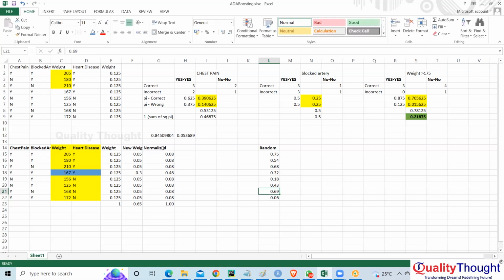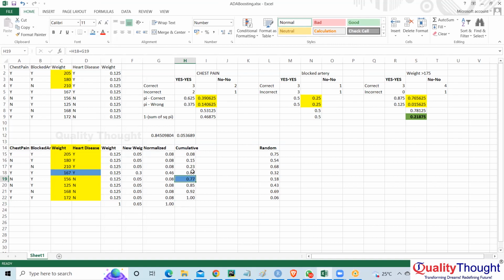This is your normalized weight. Now we'll calculate the cumulative. The first one will be this, and the second one is going to be this plus this value. Now you tell me, 0.075 is where? Here, right? Then 0.54 is where?